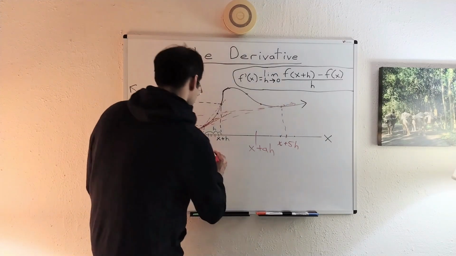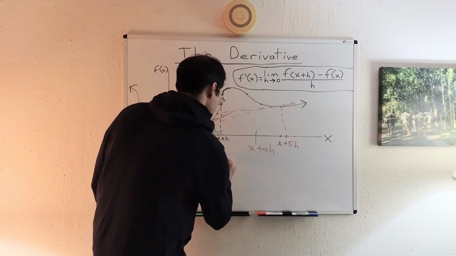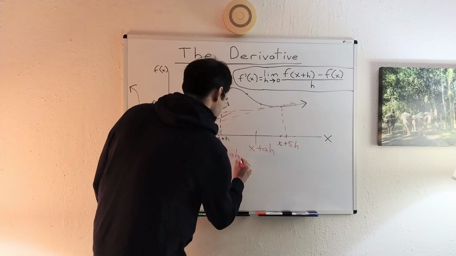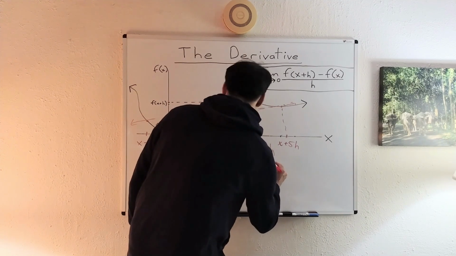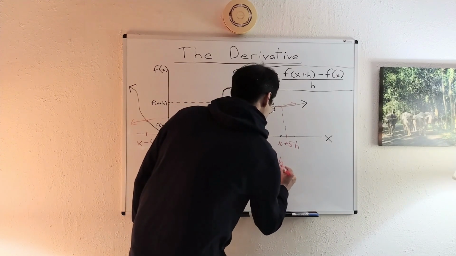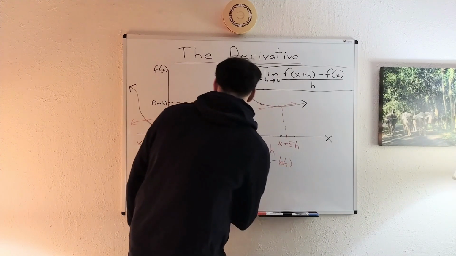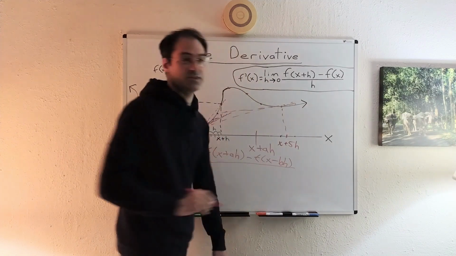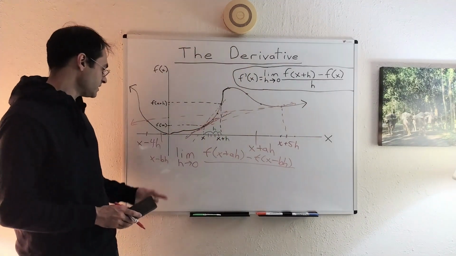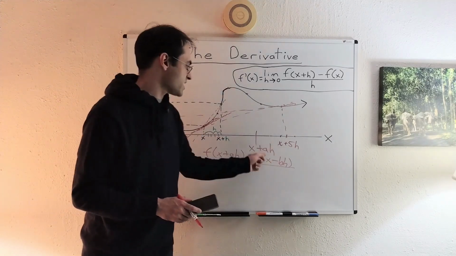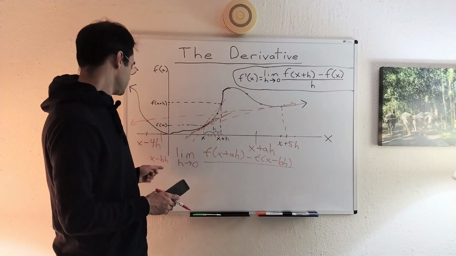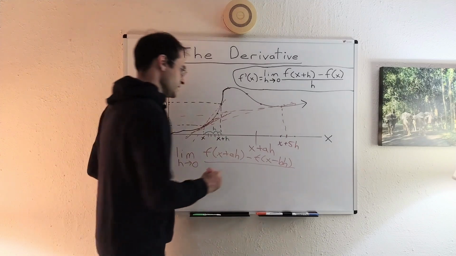It would give us the change in y, f of x plus ah minus f of x minus bh. So that's the change in y. And then the change in x is going to be x plus ah minus x minus bh.